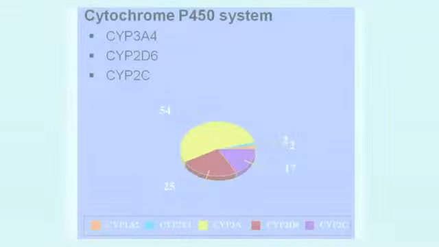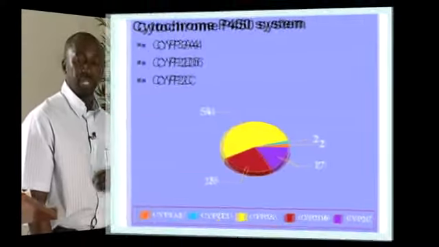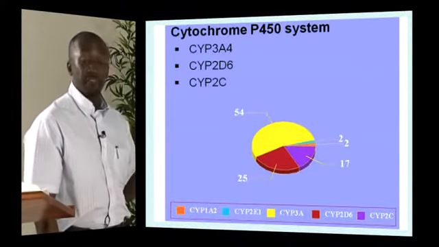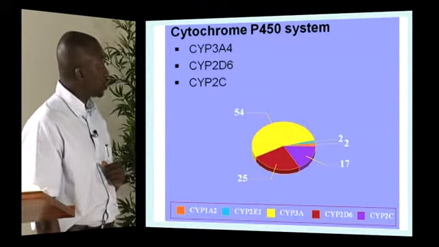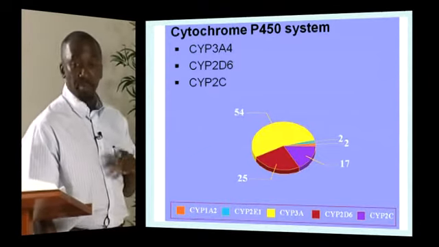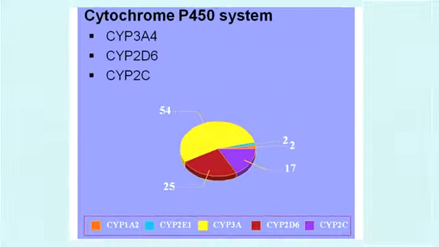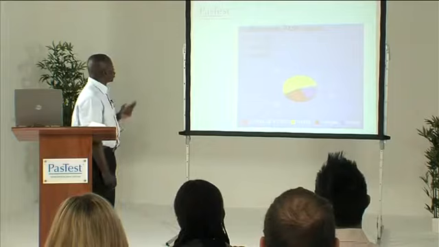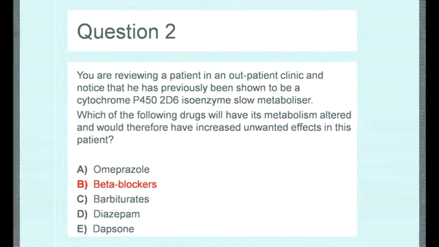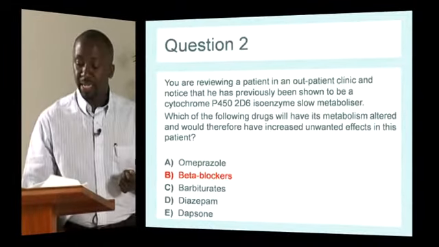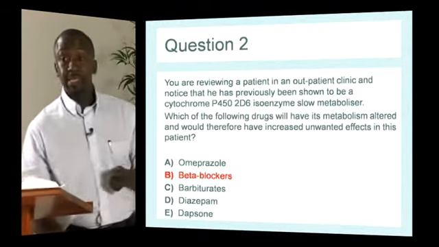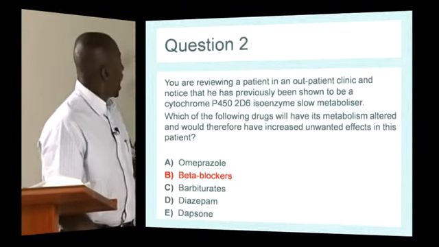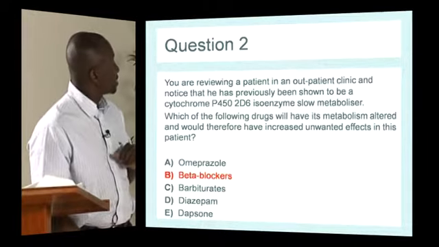Here, I will focus on the cytochrome P450 enzymes which are involved in phase 1 metabolism, the redox oxidation reaction. 3A4 is the majority of the isoenzymes. The next after that are 2D6 and 2C. 3A4 will be the majority of drugs. 2D6 will have drugs such as beta blockers, which is the correct answer, tricyclics, codeine, ecstasy, which is MDMA, as its main metabolite.